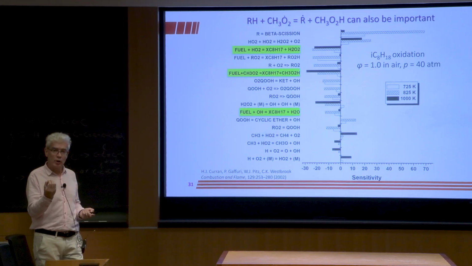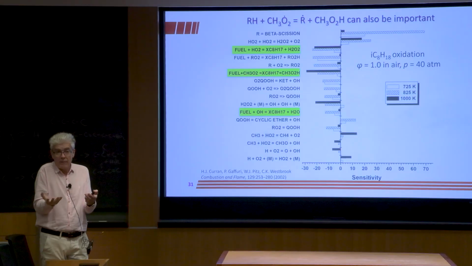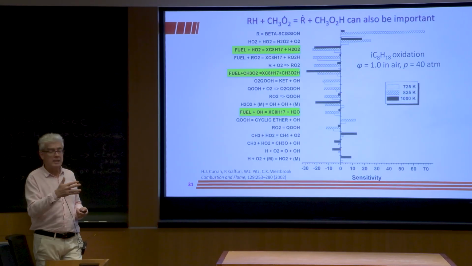And the higher in temperature you go from there, the more alkyl radical beta scission you're going to get. And the radicals from isooctane will produce quite a lot of methyl radicals because it's a branched alkane. Dimethyl ether will give you a lot of methyl radicals because of the structure. I'll show you the chemistry later today or tomorrow.